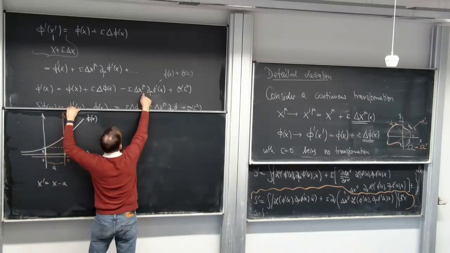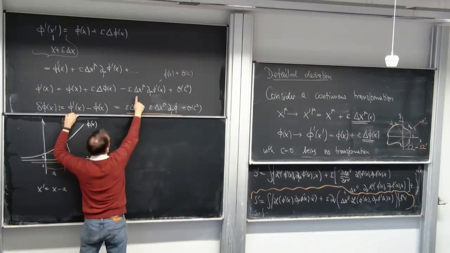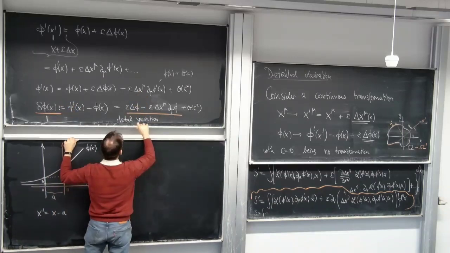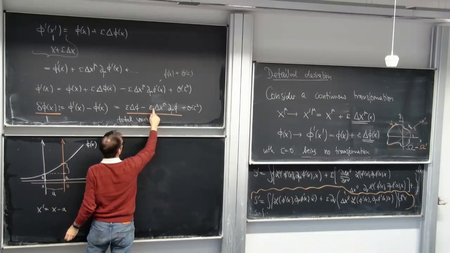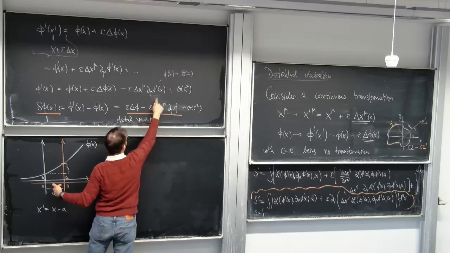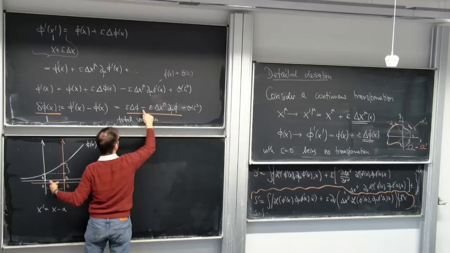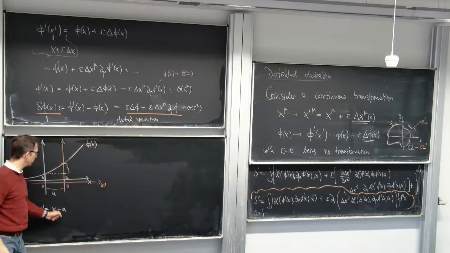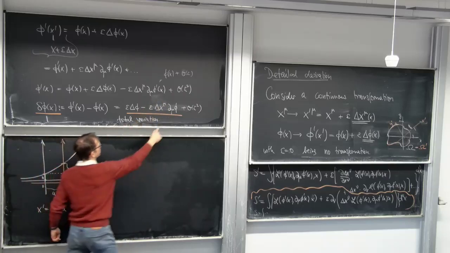That's that term. So what did it grow by? It grew by the shift, minus epsilon. All of this is the shift. With this minus sign I have a negative shift, so it grows by the derivative.